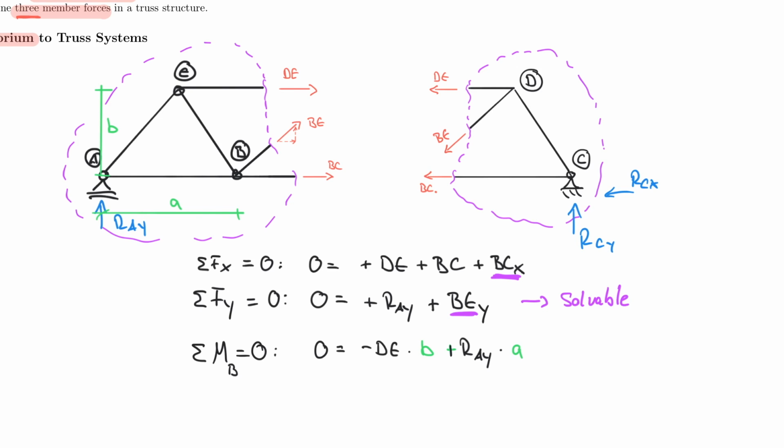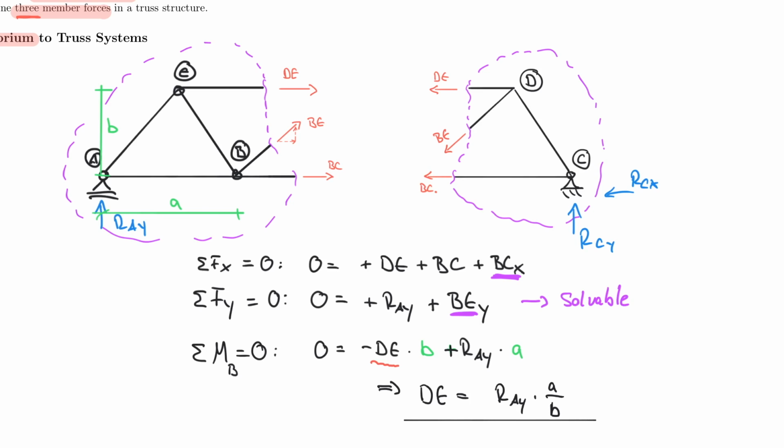And because there's only effectively one unknown now in the system, right? So the only unknown is DE, and therefore I can solve this. So I can solve this for you right now, but that's not really the point of the concept here. So DE would be equal to RAY times A divided by B. And that I can solve now.